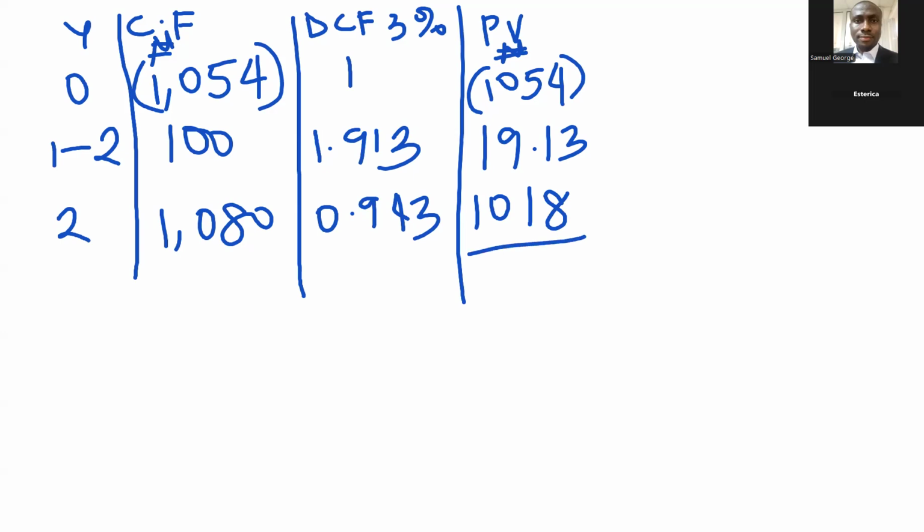So add everything together. 1018 plus 19.13 minus 1054. Our NPV. Okay. So I got NPV at 3%, a negative figure.